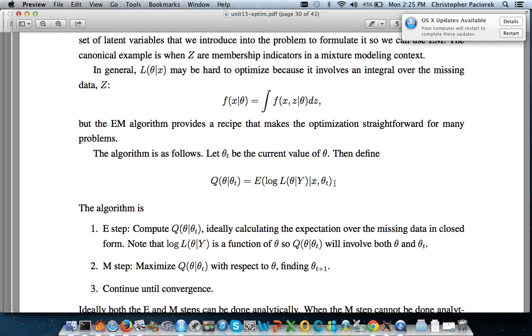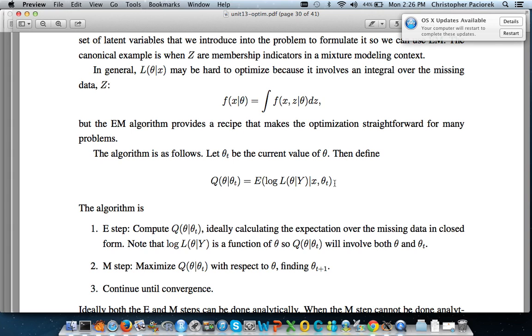I'm going to try to find mu k t plus 1 and sigma k t plus 1. This here is a sum over i and a sum over k. The same thing holds when thinking about the maximization: if I take a derivative with respect to mu k and sigma k, the terms in the summation that don't involve k are going to drop out.